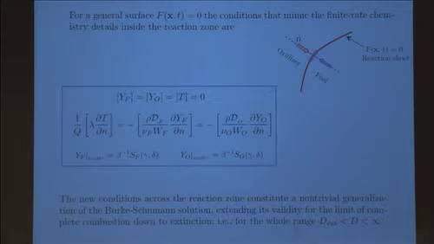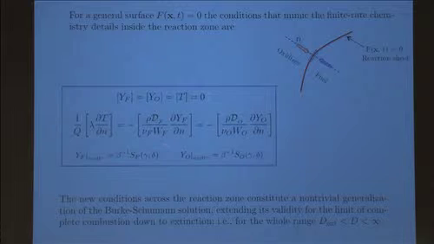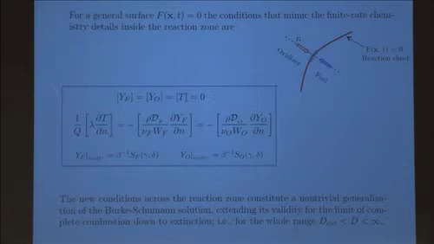So to summarize, one can generalize the Burke-Schumann solution by adopting exactly the same conditions for the fluxes and the continuity of the different variables across the sheet, but allowing for a small amount of leakage of fuel and oxidizer, which is computed from these functions that I just showed you before.